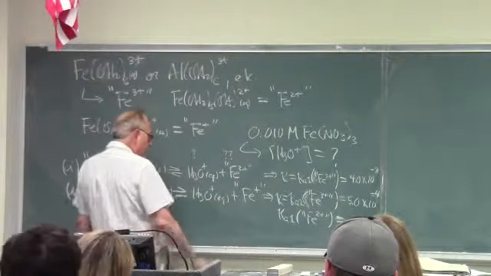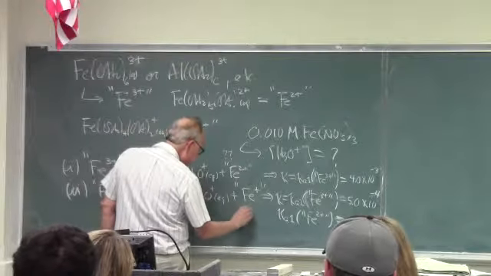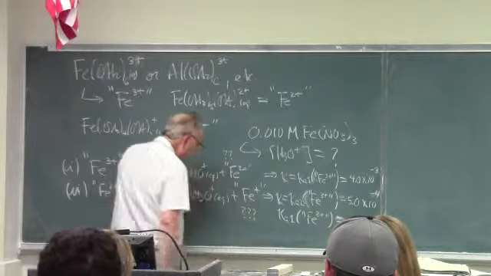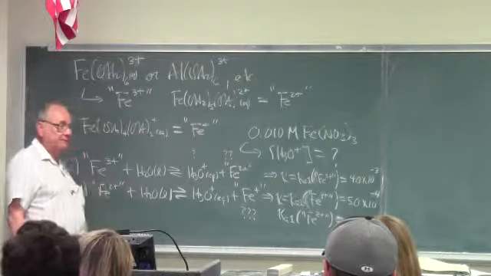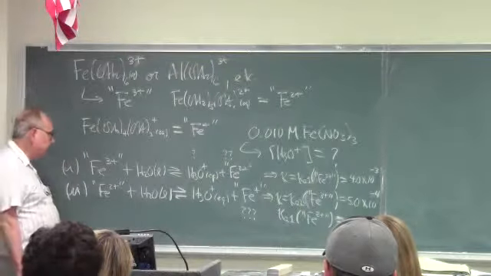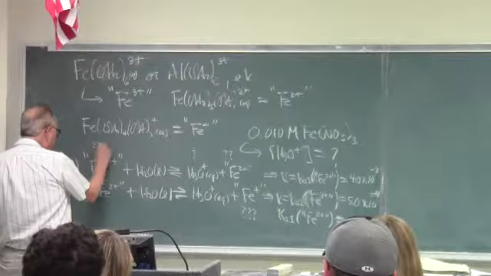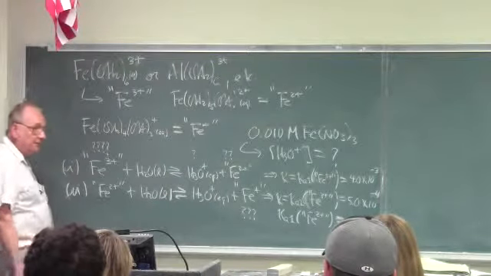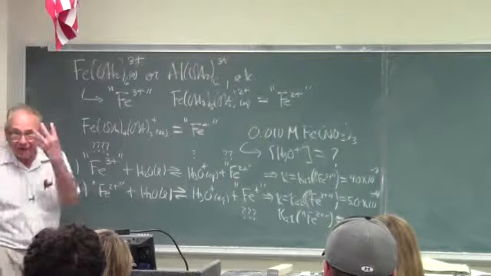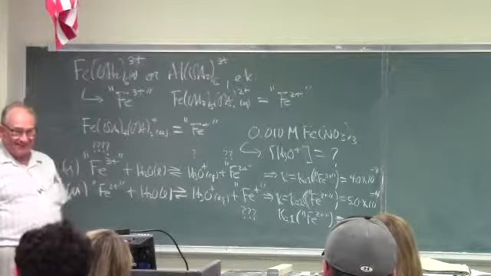And we don't know what this is until we get a handle on the second ionization. Which means we don't know what this is. We've got 4 unknowns. We only have 2 equations. That's a problem.